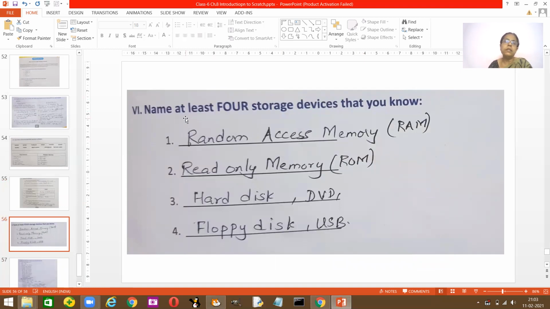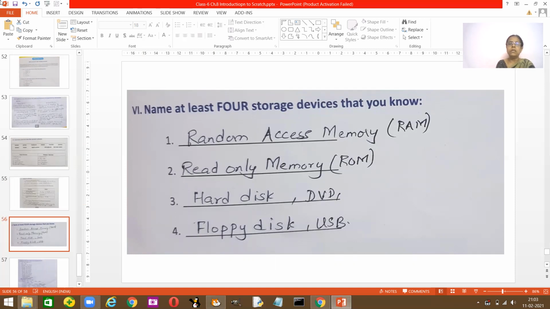Now, name at least four storage devices that you know. You know random access memory, RAM, read-only memory, hard disk, DVDs, then floppy disk, your USBs, that's your pen drive. All these are some of the storage devices. You have CDs, CD-ROM, right? DVDs.